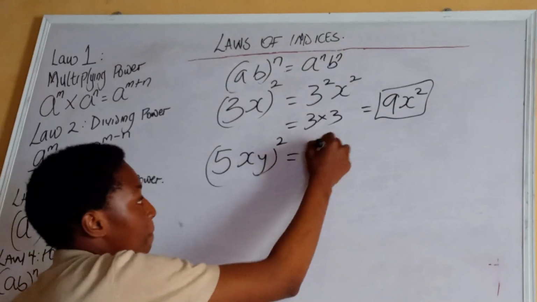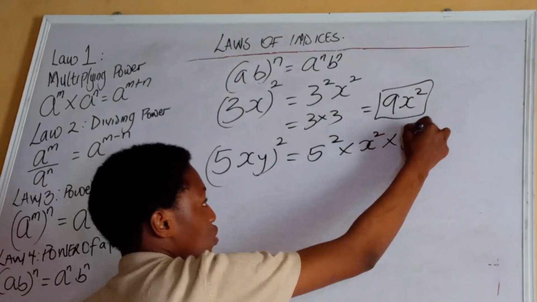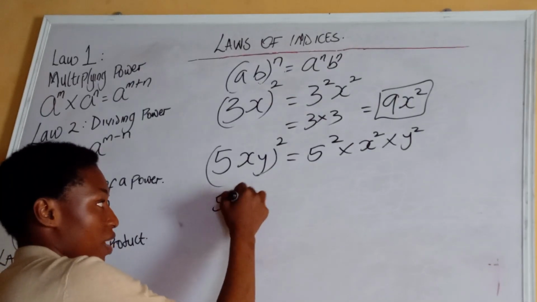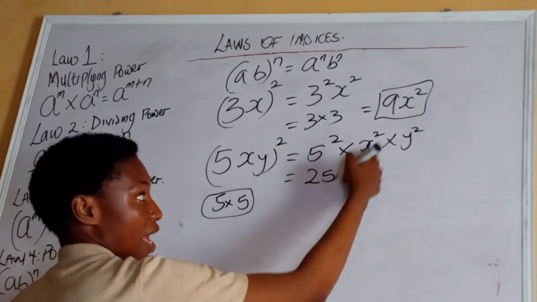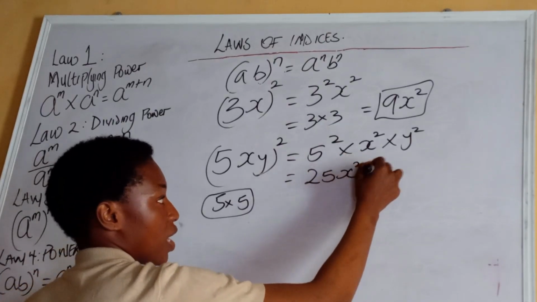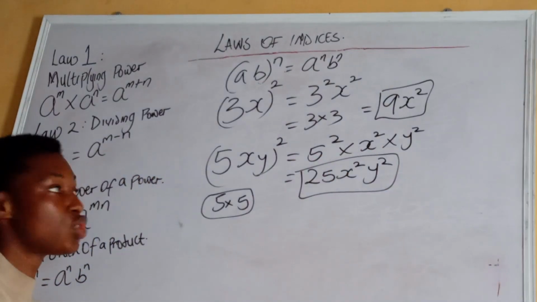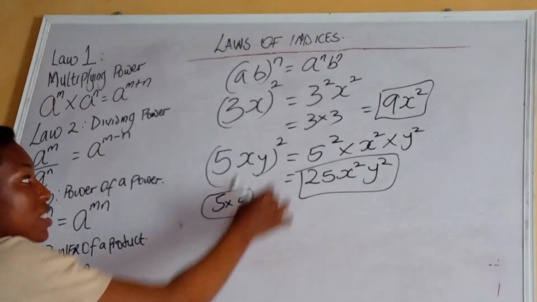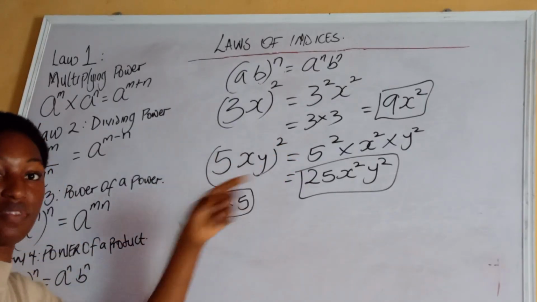This becomes 5 squared times x squared times y squared. 5 squared is equal to 5 times 5, which is 25. So this is 25, x squared and y squared. This is your final answer. So anytime you have bases like this that are all inside the bracket with the same power, you just distribute the square to each one of them.